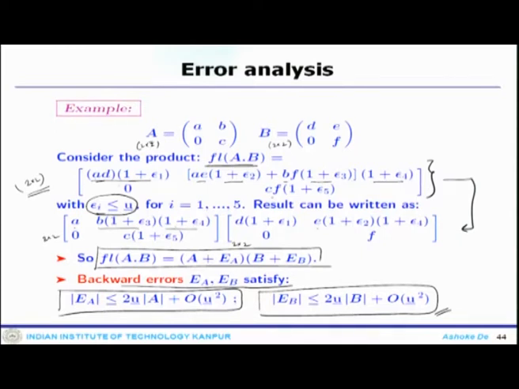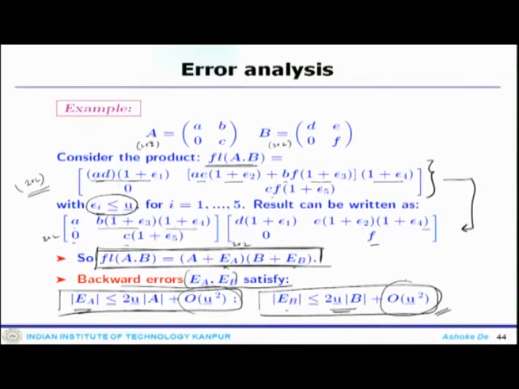The other component, like E, 1 plus epsilon to epsilon 4, comes here, then 0 remains here, then the first matrix written is C, 1 plus F 5, and the last one is F. In compact notation, the floating point calculation of A dot B is A plus E A, or E B. These are essentially the representation of the errors, the backward errors, which satisfy the condition that the magnitude of E A is less than or equal to this smaller number, and the magnitude of E B is less than or equal to this number, which is of this order.